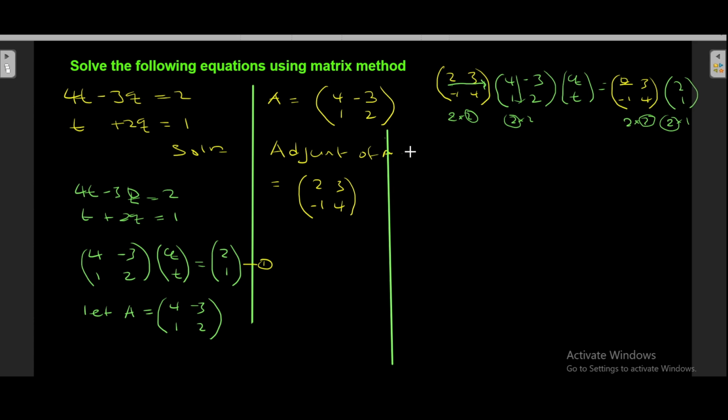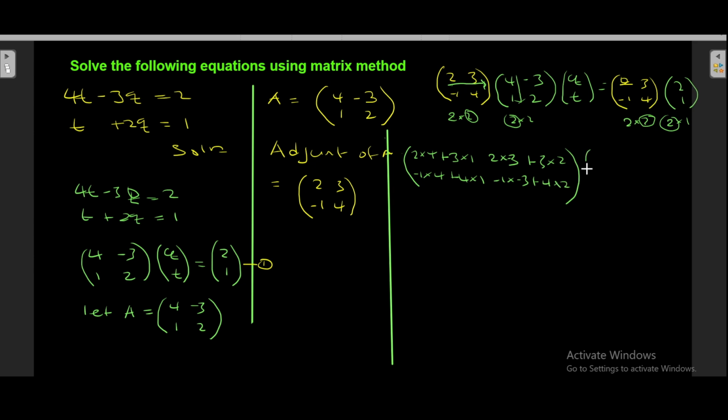Okay, now let me start with the multiplication. It is going to be 2 times 4, plus 3 times 1. We come to the next one, 2 times 3, but negative, it's negative 3, and then plus 3 times 2. Close the bracket. We go to the lower row, negative 1 times 4, plus 4 times 1. Then negative 1 times negative 3, plus 4 times 2.